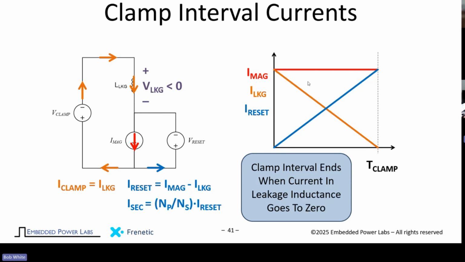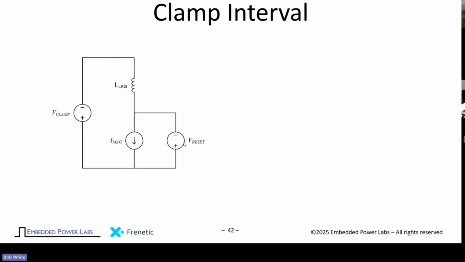So we have this interval here, I call the clamp interval, where the leakage inductance current is ramping down and the current is increasing in the secondary. And we're making that transfer to now delivering the power to the secondary.